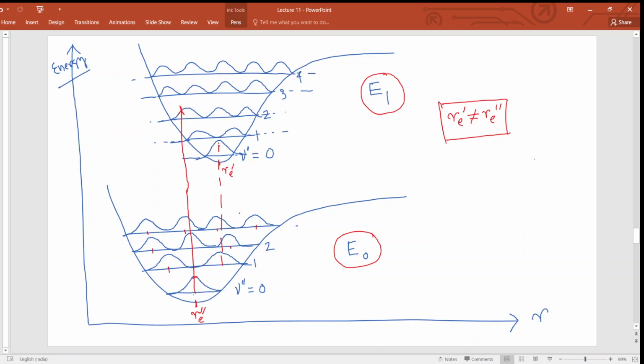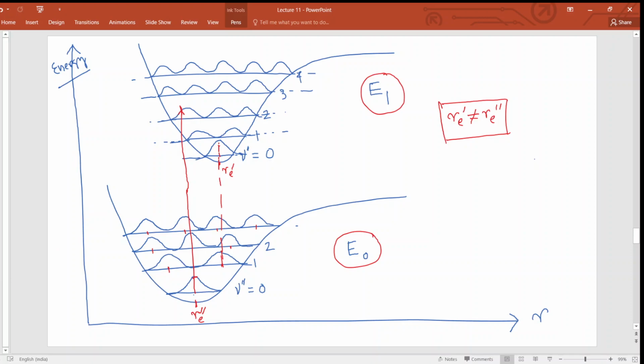Similarly, if we take the value of RE where the maximum appears for the top curve, it also crosses some particular psi square curves here. So we can draw these lines.